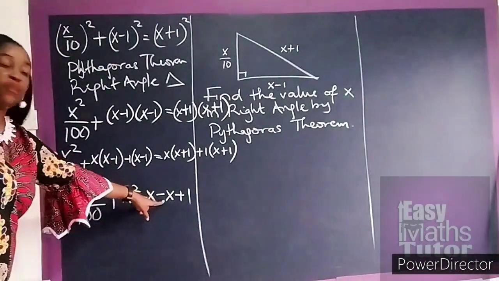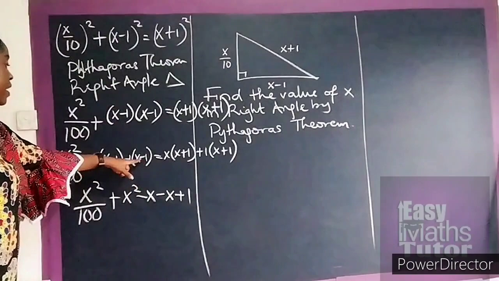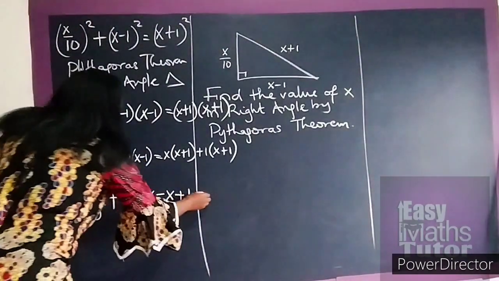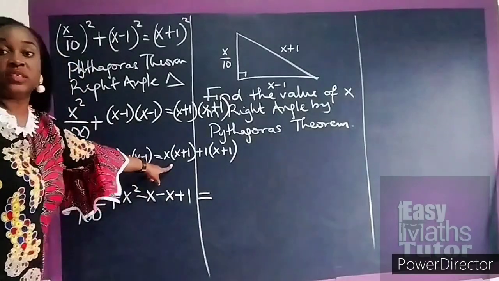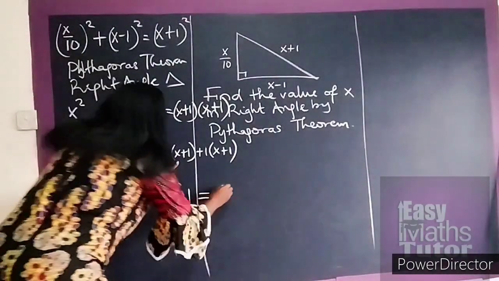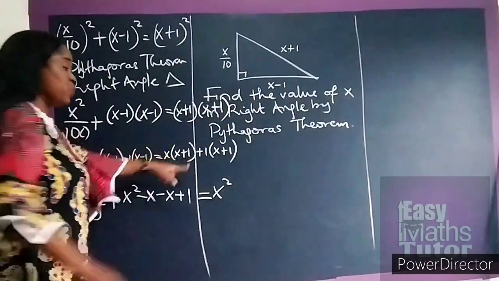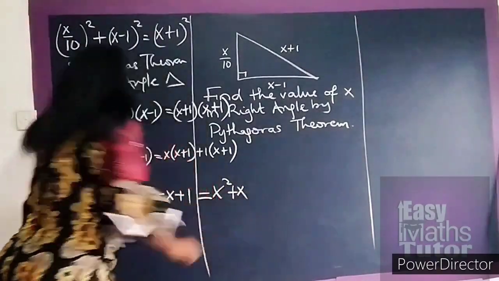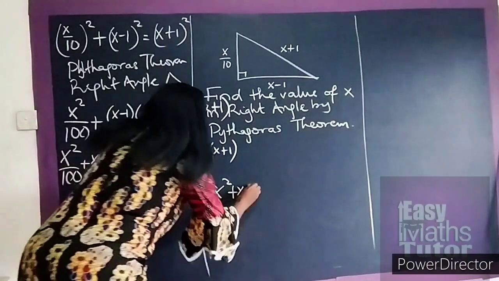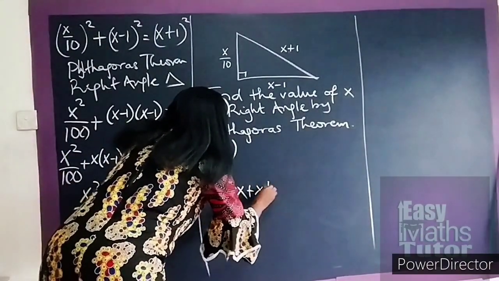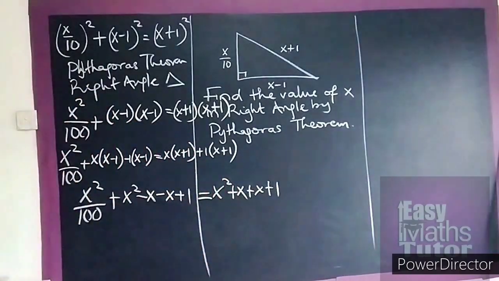Minus 1 times x gives you minus x. And minus 1 times minus 1 gives you plus 1. So it's going to be equal to this other side. X times x gives you x squared. X times 1 gives you x plus 1 times x gives you x. 1 times 1 gives you 1.